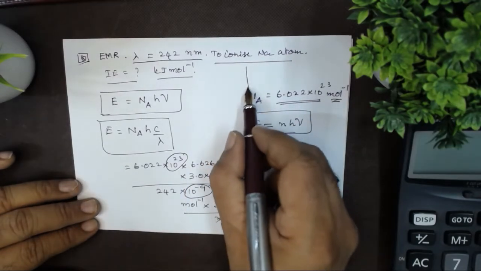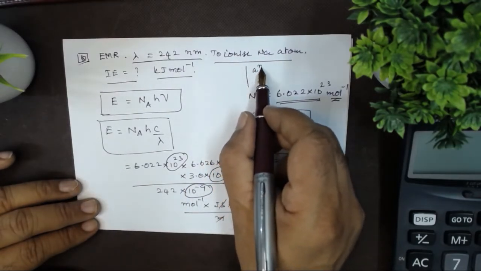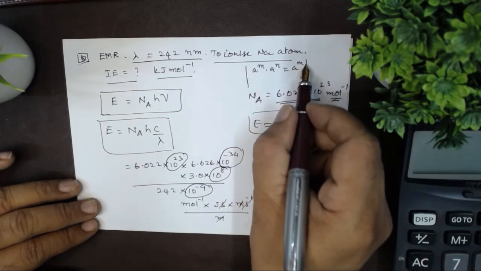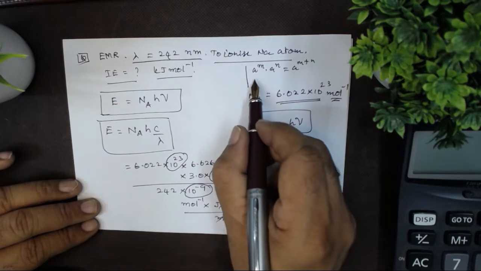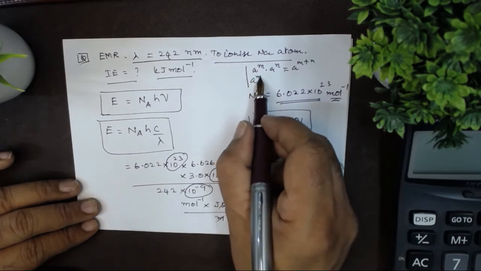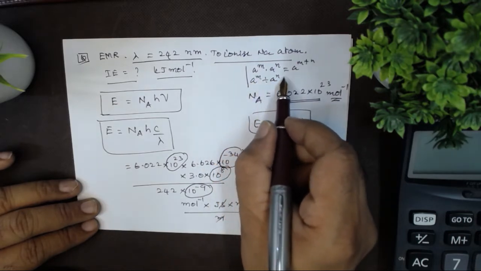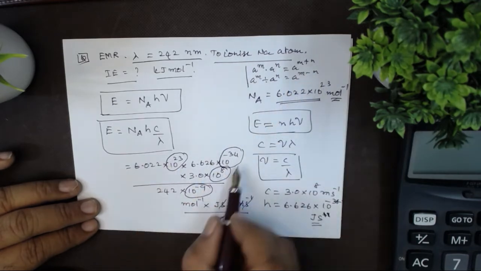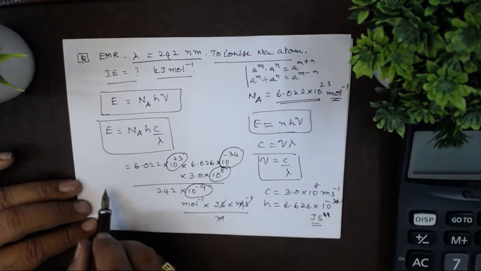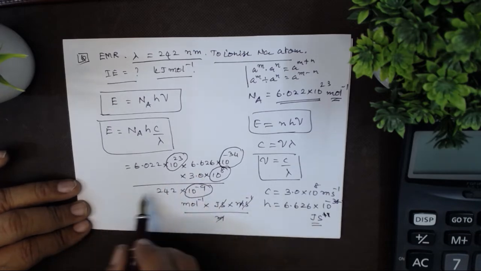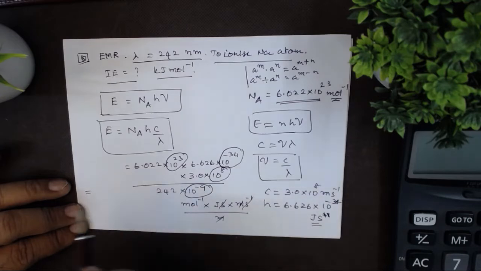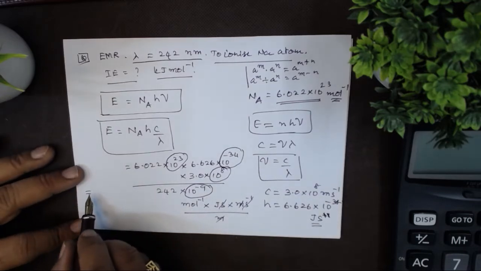You already know the algebraic rules: a power m into a power n is equal to a power m plus n, the product rule, and the quotient rule is a power m divided by a power n is equal to a power m minus n. Using these rules, you can first work out the 10 power terms and isolate the other values separately. That can be done using a calculator, but in your case you have to use the logarithm table.